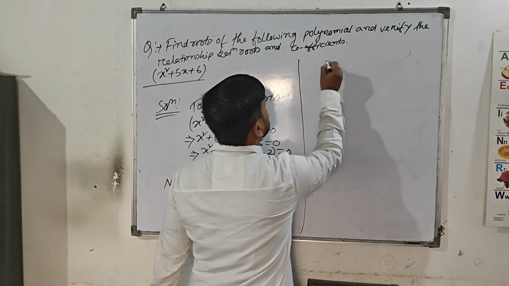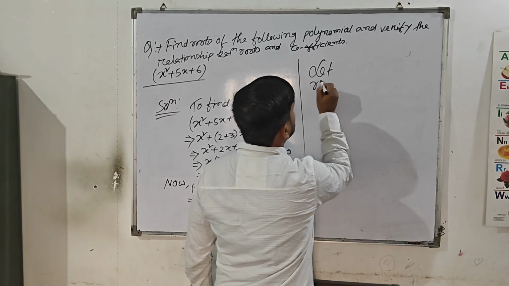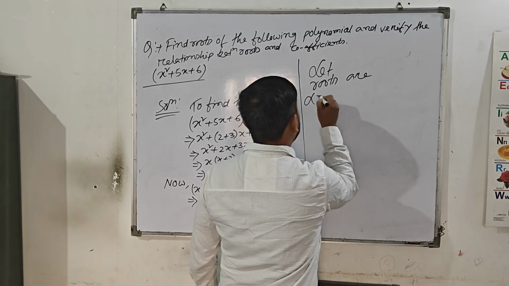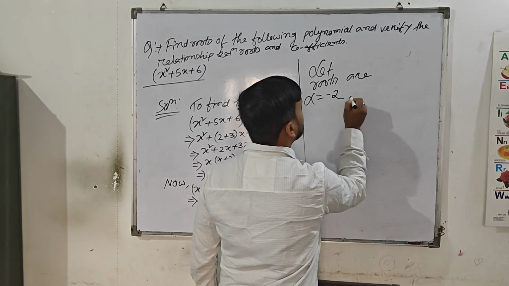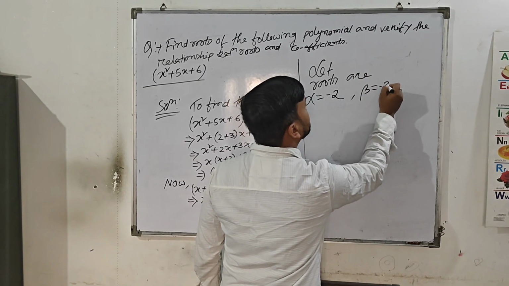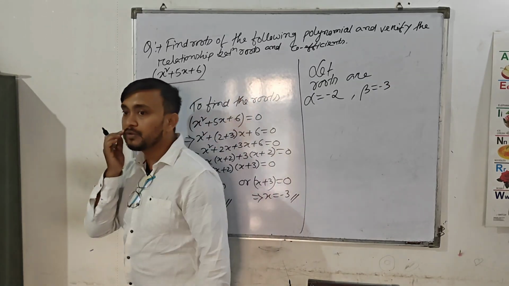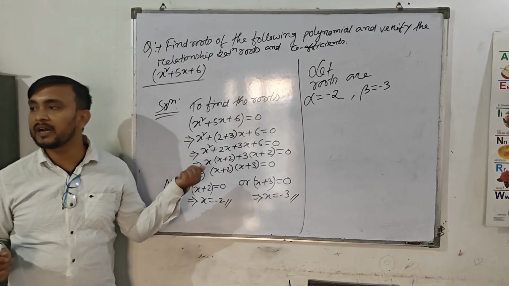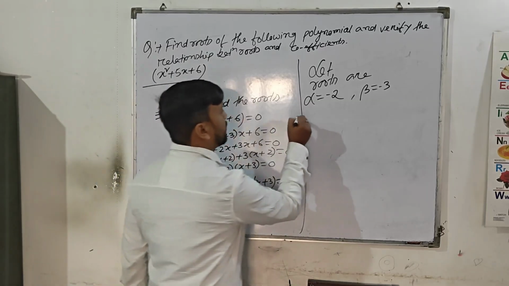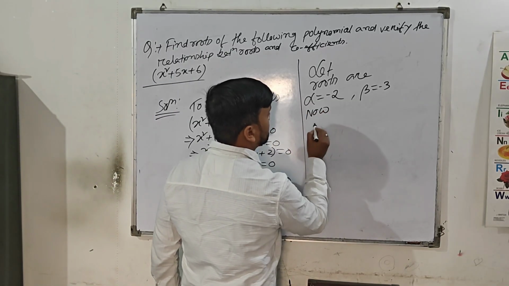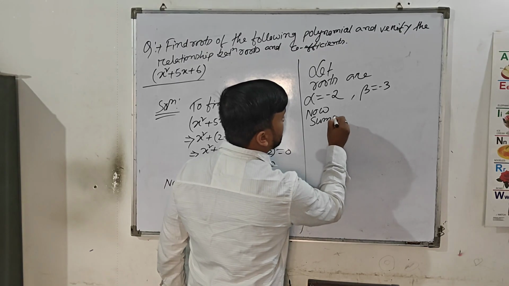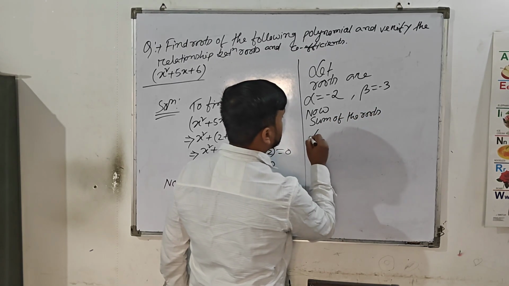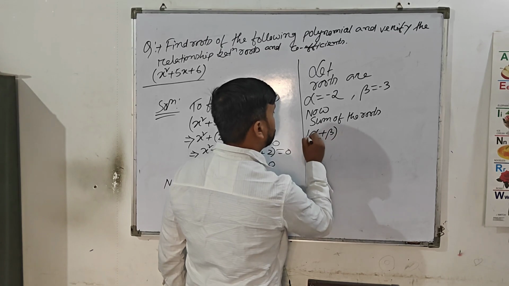Now we will write, let roots are alpha is equal to minus 2, beta is equal to minus 3. You can also take alpha equal to minus 3, beta equal to minus 2. Now, sum of the roots means alpha plus beta.